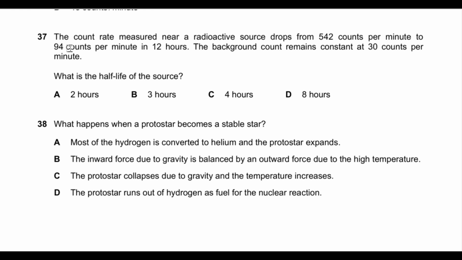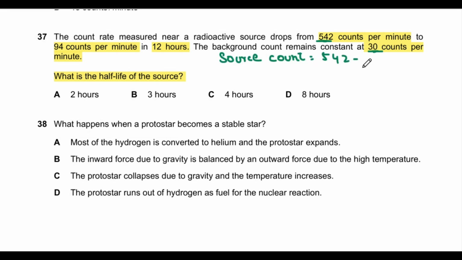Question number 37 says, the count rate measured near a radioactive source dropped from 542 counts per minute to 94 counts per minute in 12 hours. The background count remained constant at 30 counts per minute. What is the half-life of the source? So a source has 542 counts per minute, including 30 counts per minute of background radiations as well.